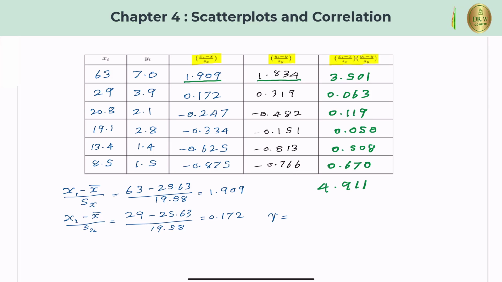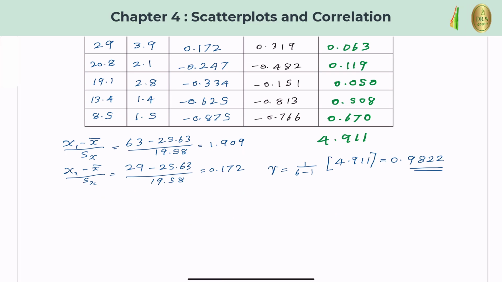Then go back to the equation. R equals 1 over n minus 1. How many observations? 6 observations minus 1, times 4.911. Then the answer is 0.9822. Let me explain a few things here. What is the range of the R value? R must always be less than or equal to 1 and greater than or equal to negative 1. Here R is very close to 1.